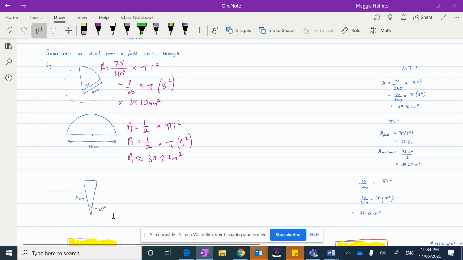The last one of these sectors, it's a very thin sector, but we have 20 degrees out of a possible 360 for our full circle. And it's the same process all over again. Pi times the radius squared, put that straight in your calculator, 34.21 centimeters squared.